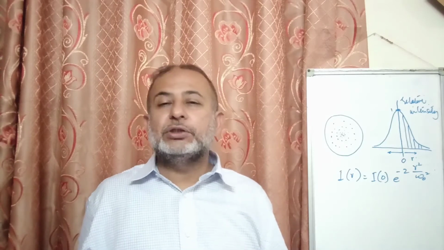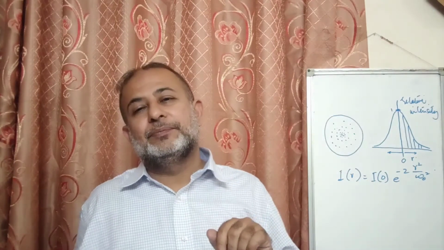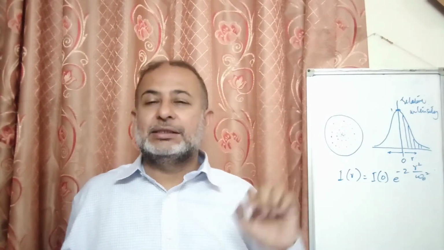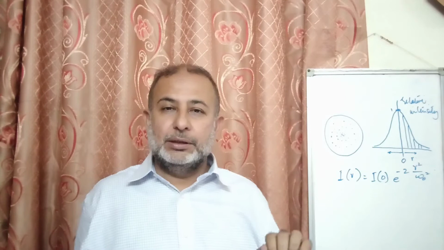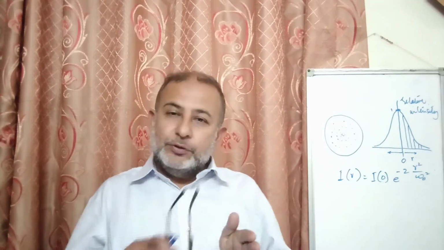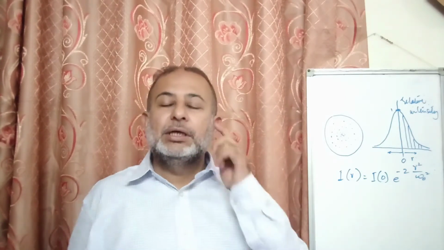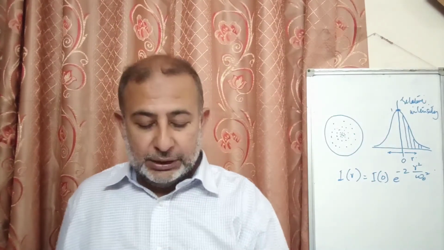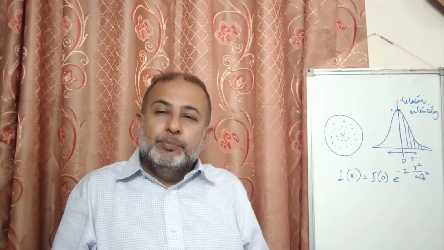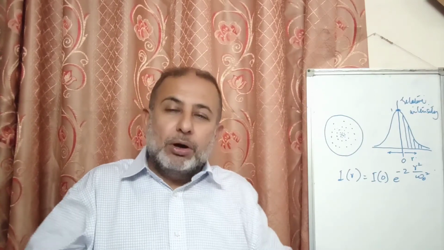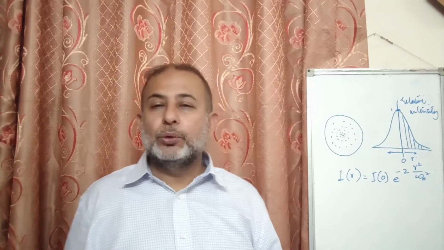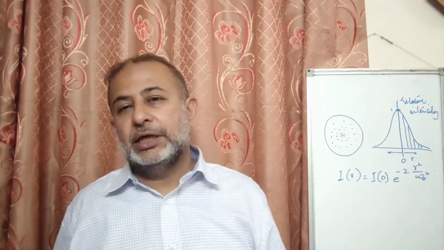I'm calling it Gaussian because the central point has the highest intensity. As we move away from the central point, the intensity reduces until this beam spreads beyond the diameter of the core, and it goes into the cladding.